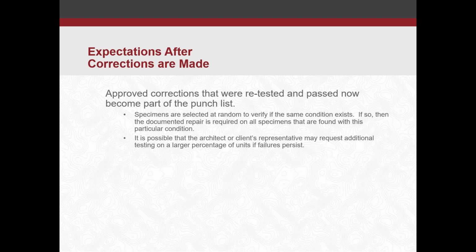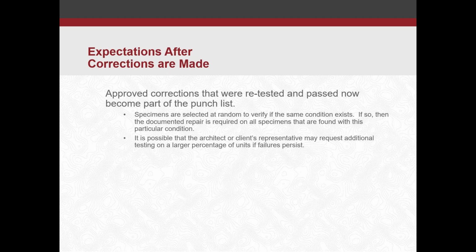So specimens are selected at random to verify the same condition exists. If it does, then the documented repair that had passed the retest is required now on all specimens that are found that have this same condition.